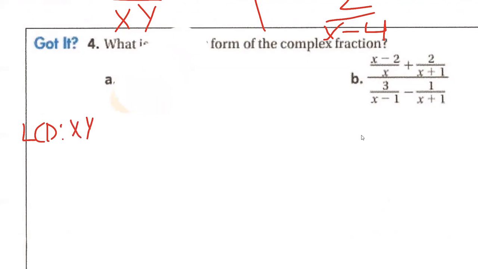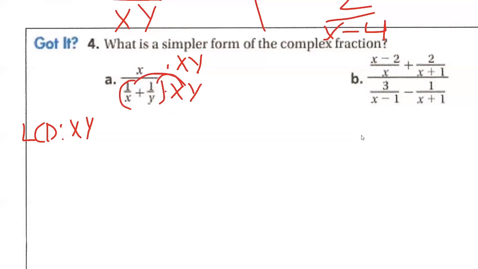So we're going to multiply this whole thing by this common denominator. We're going to multiply the top by xy, and the entire bottom by xy. Basically, we'll distribute it. So on the top, we would just have x² y. On the bottom, we would have xy/x.